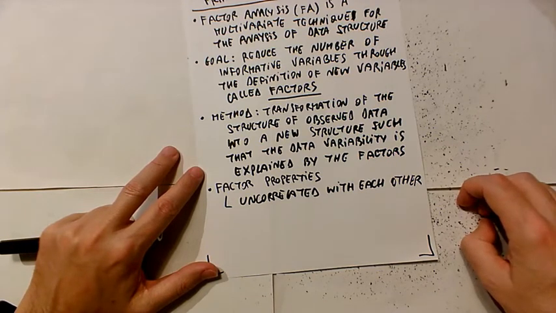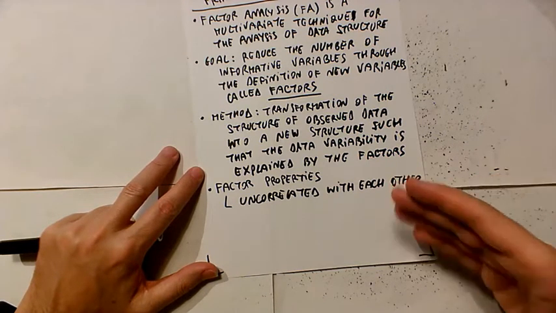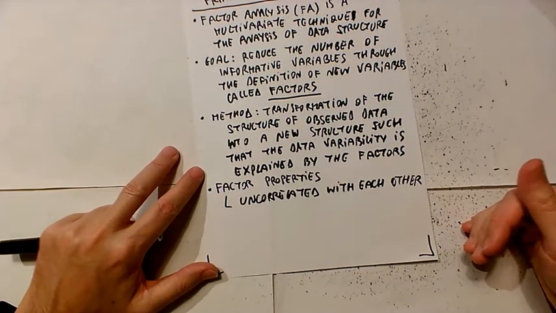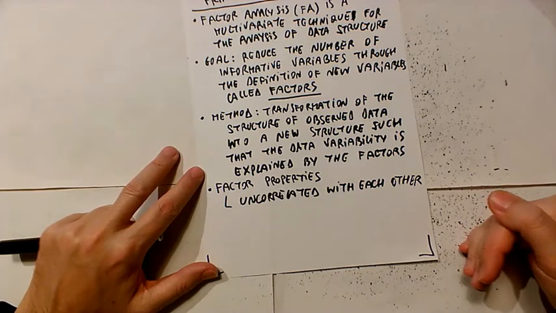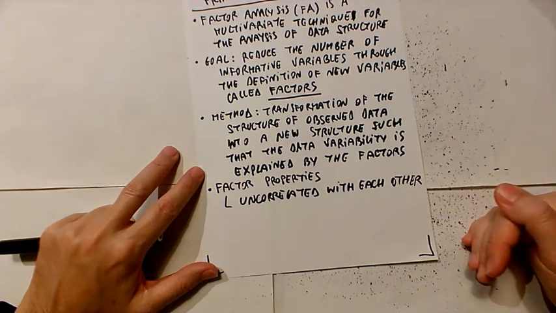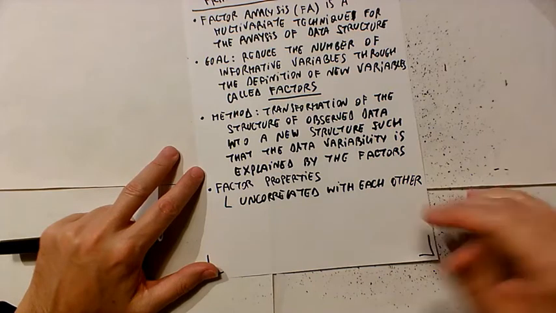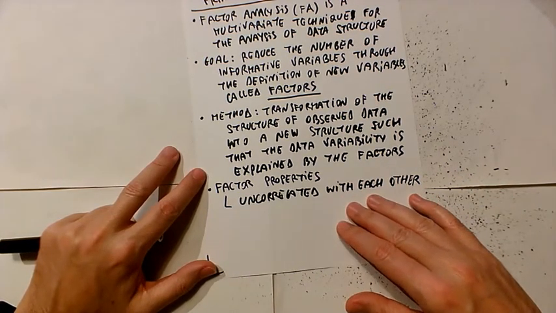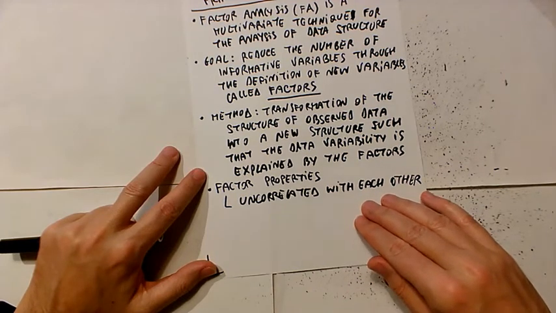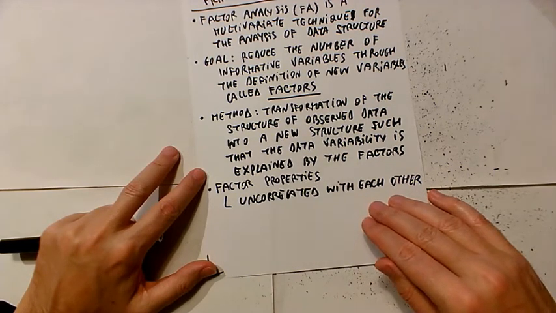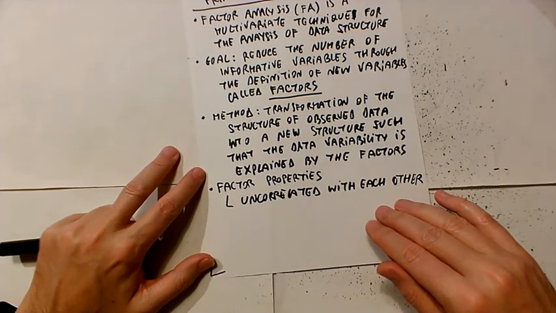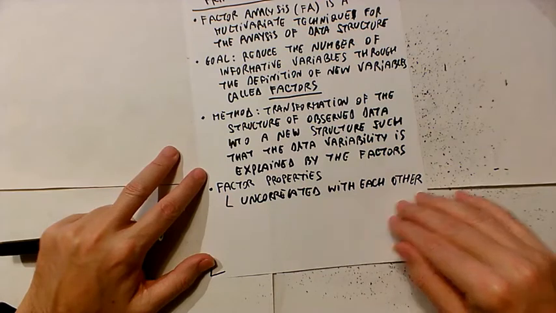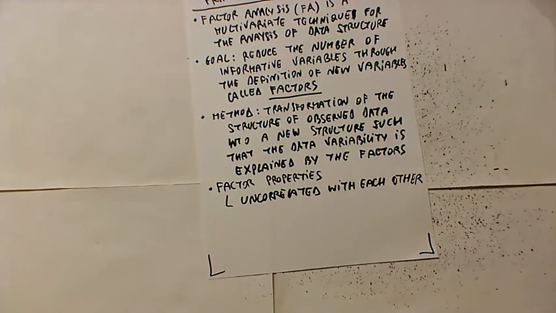So the higher the correlation between two variables, in this case two factors, the higher the possibility to predict the values of one variable as a function of the other with a linear model. This is why we need the factors to be uncorrelated, because the new variables, the factors, must provide different, new information with respect to the other factors.